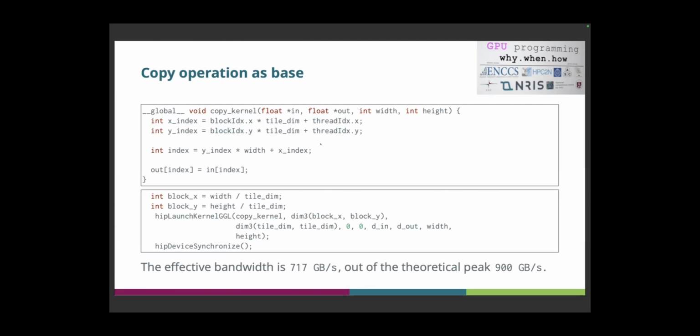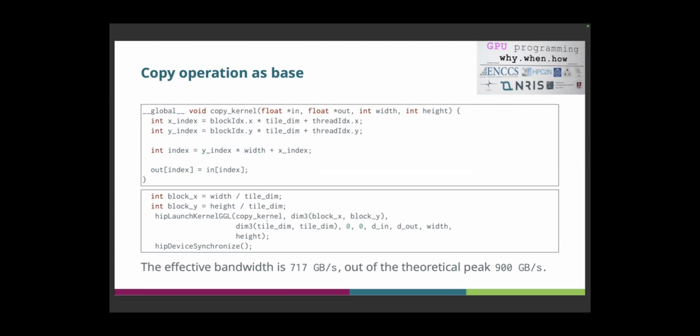From these coordinates of the threads and blocks, we can construct this x index and y index. This would correspond to the i and j indices in the previous slide. And then, because in the GPU you don't have two-dimensional matrices, we flatten this. So the global index of these coordinates x and y is just x index plus the number of rows times the width of a row. And we just put the data from input to the output.